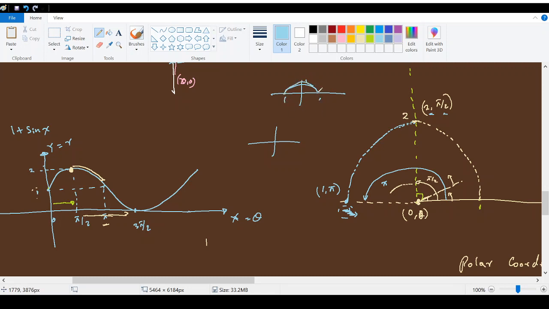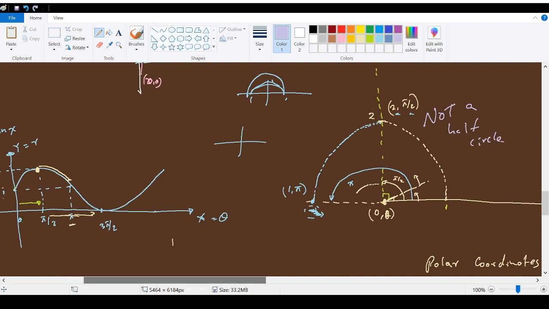But here the starting radius is something and here the radius is something else, and then it comes back to the same starting point, right? So this is not a half circle, right? That's important. Not a half circle. Okay, now the remaining part.